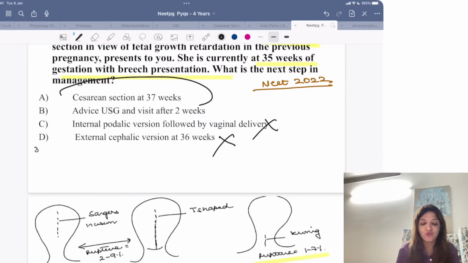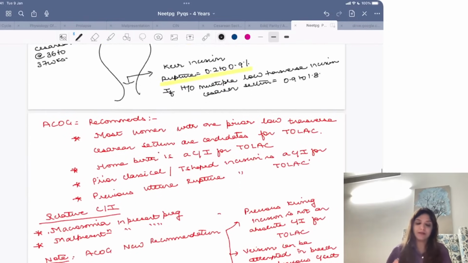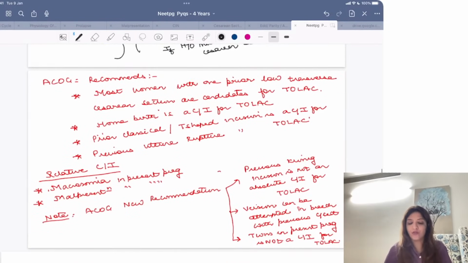You have to do a repeat cesarean section at 37 weeks. External cephalic version is absolutely contraindicated in classical cesarean section patients. Whenever there is a case of classical cesarean section, next time when the patient conceives, a cesarean section has to be done. Clear to all of you?